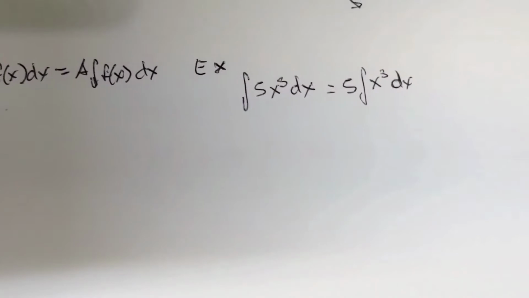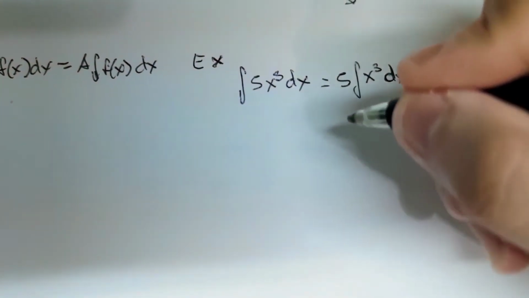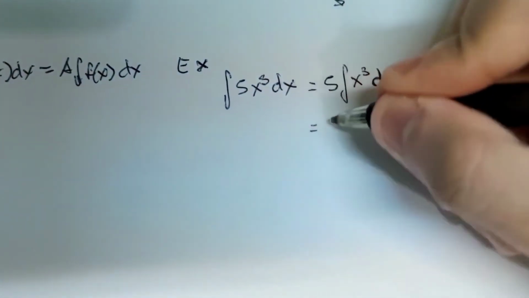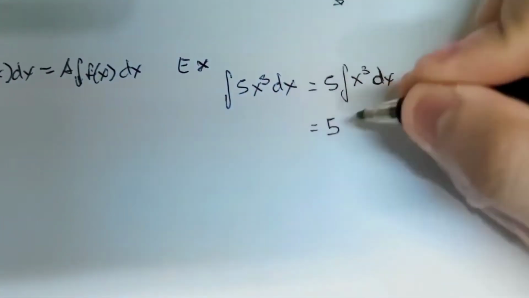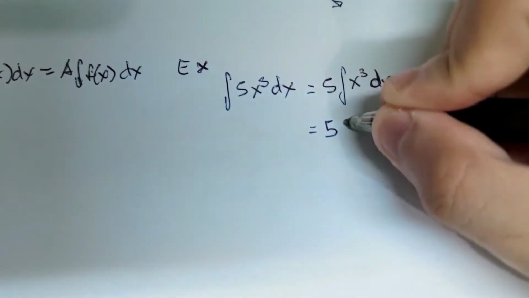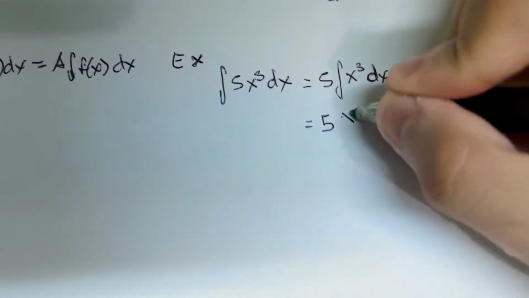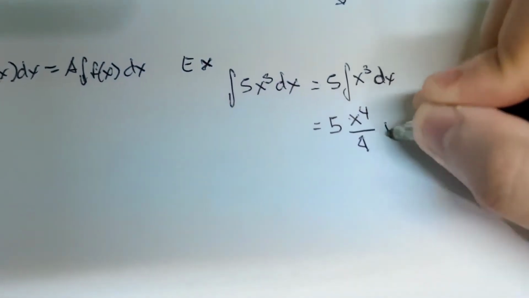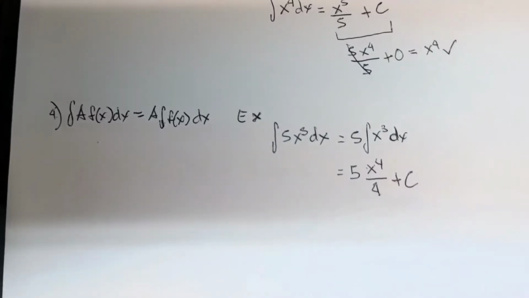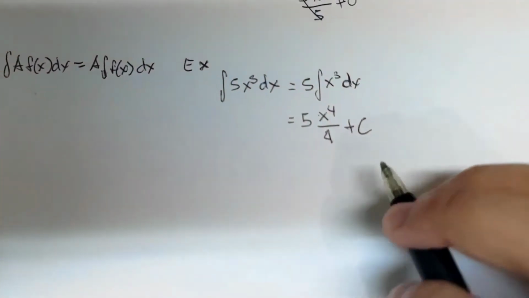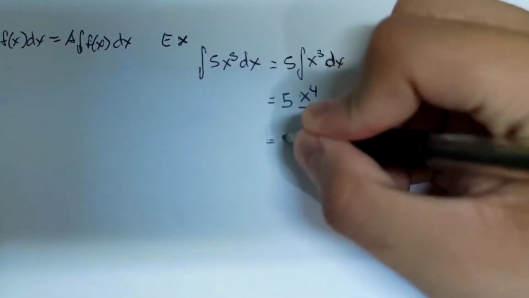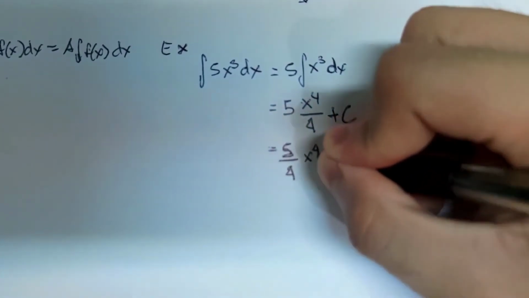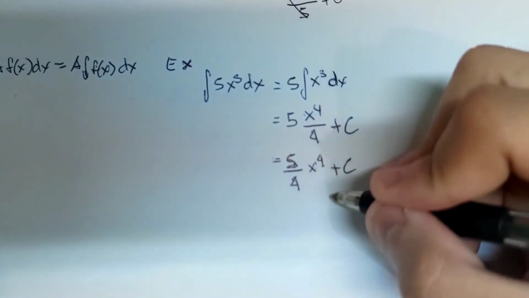We can do it this way: pull out our constant and integrate x cubed dx. We have x to the 4 over 4 plus c, and we can simplify this to 5 over 4 x to the 4 plus c.